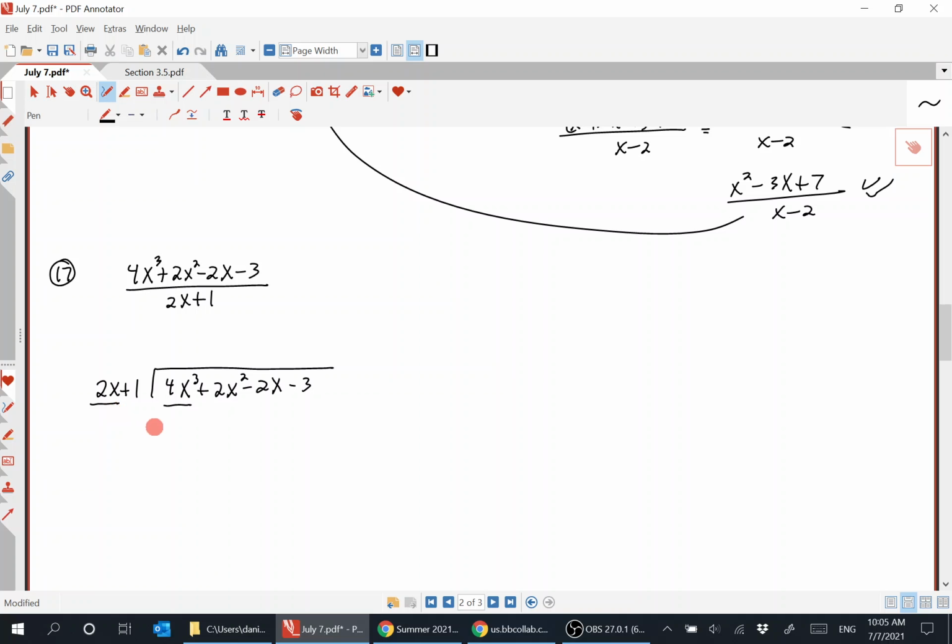Is the factor I need to multiply 2x by 2x squared. Right? 2x squared times this is 4x to the third.